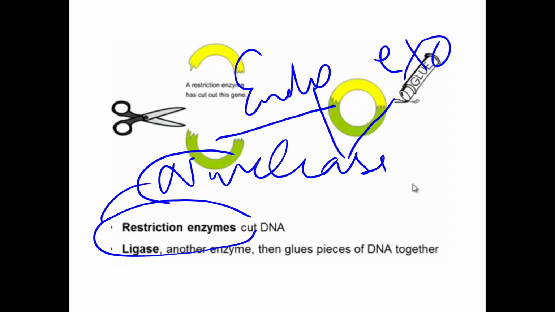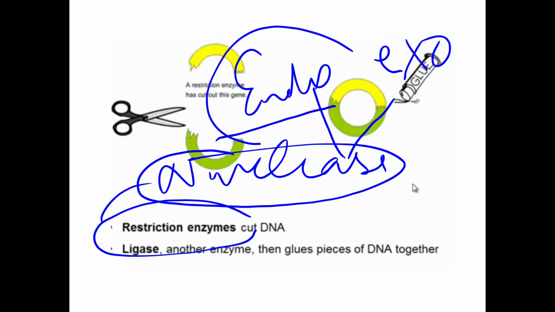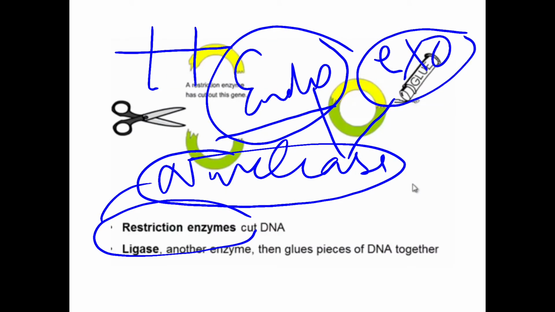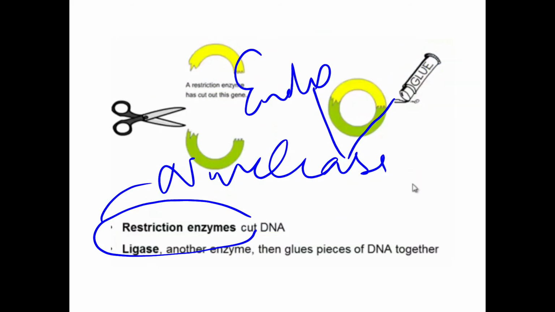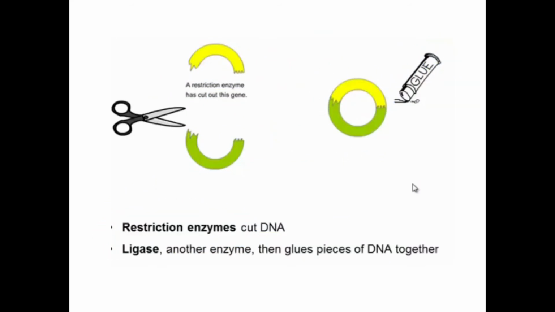Nucleases are the enzymes which cut DNA. Endonucleases cut DNA within the segment, and exonucleases remove the sequences from the ends. So restriction enzymes are endonucleases, that is, they cut the DNA within the sequences or within the segment.